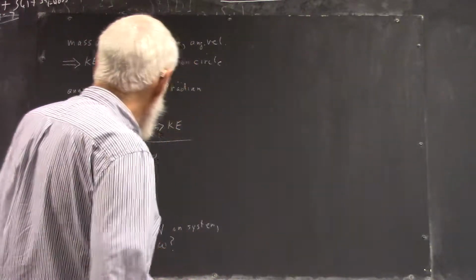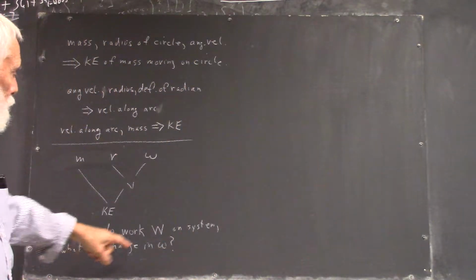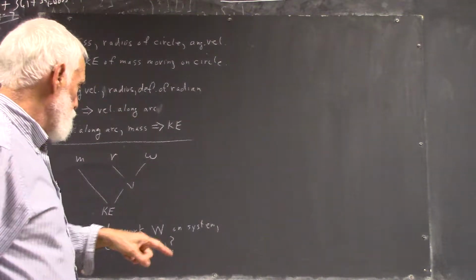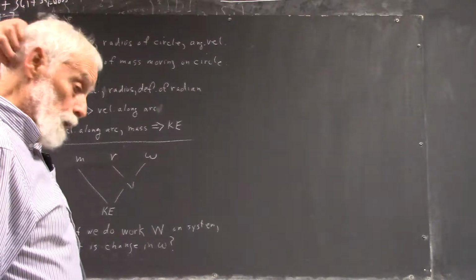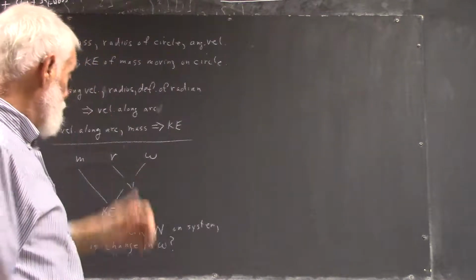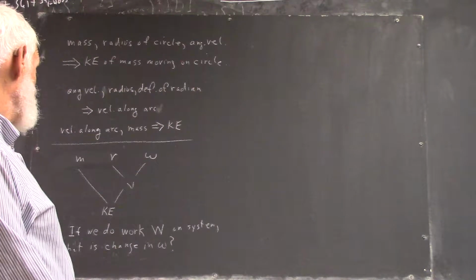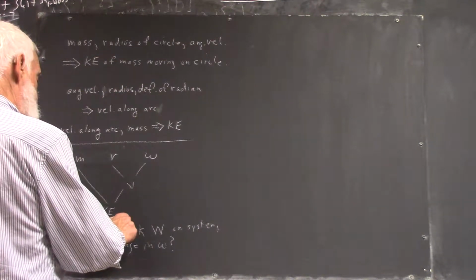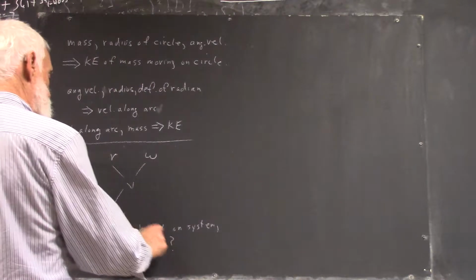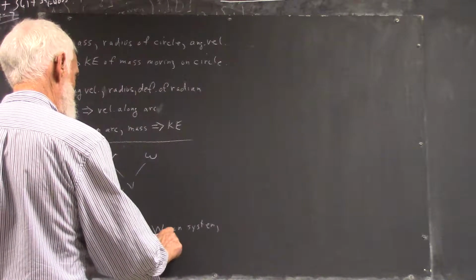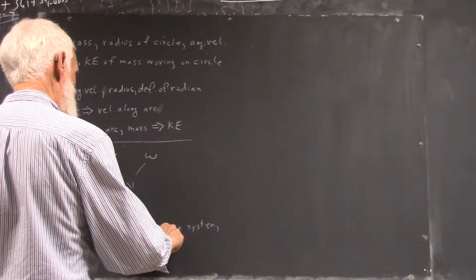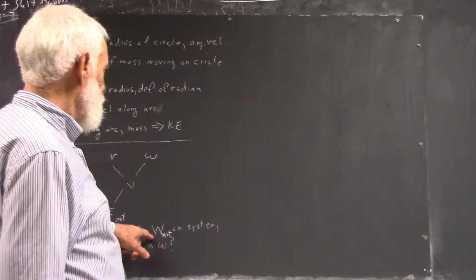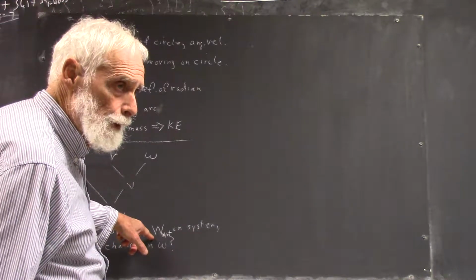Okay? So our question is, if you do work W in a system, what's the change in omega? And what should come out of your head is, when you see the work done on the system, and let's call this net work, then you know that that's equal to the change in kinetic energy, right?